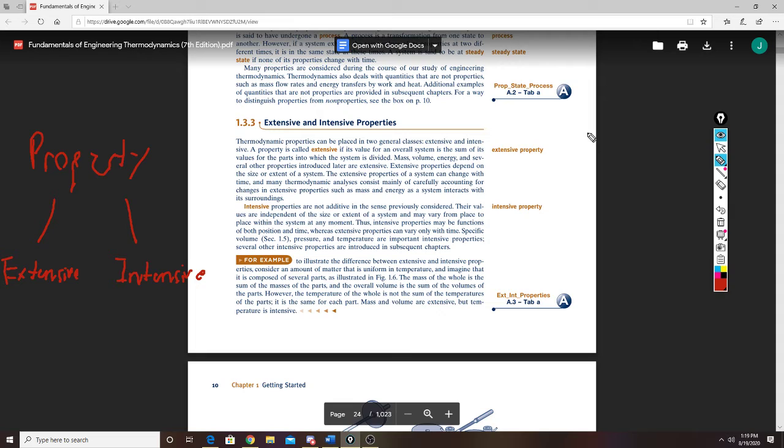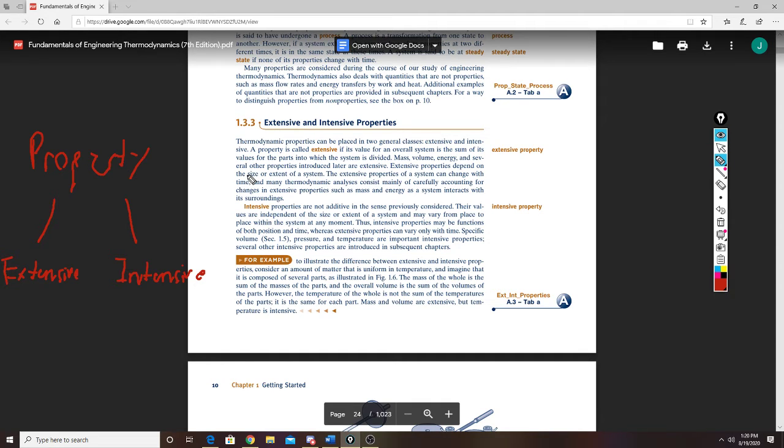If you have a 1 foot diameter block of stone, mass depends on that. If that was now a 2 foot diameter block of stone, mass has changed. So it depends on the size, right? Volume the same way.